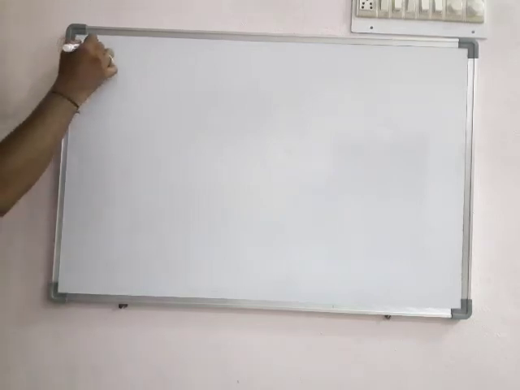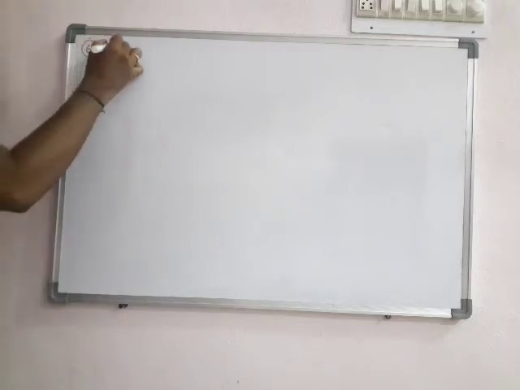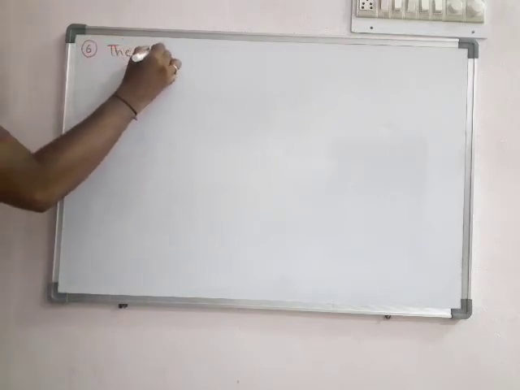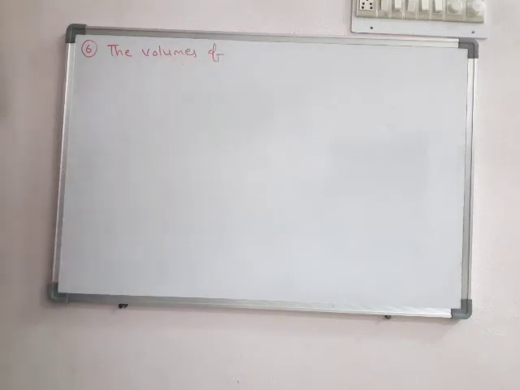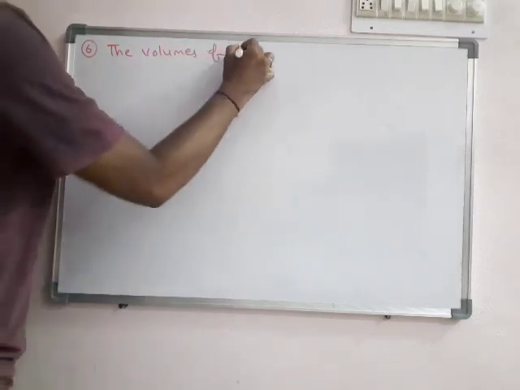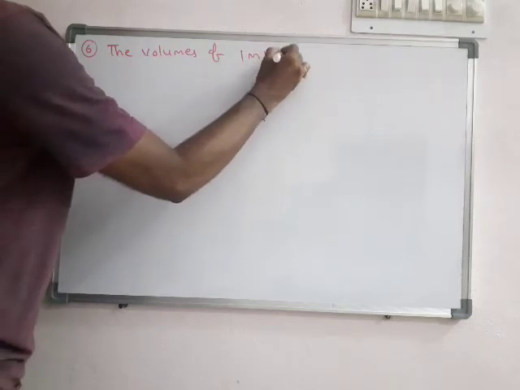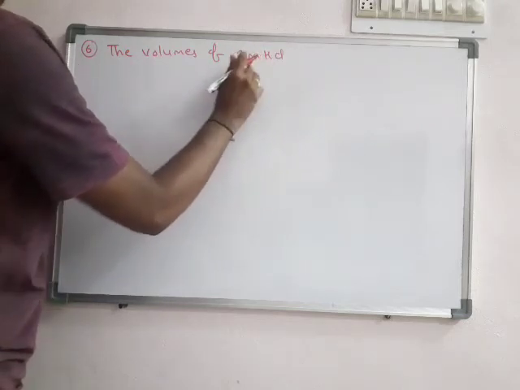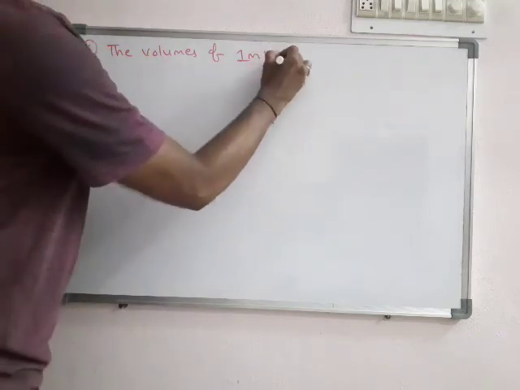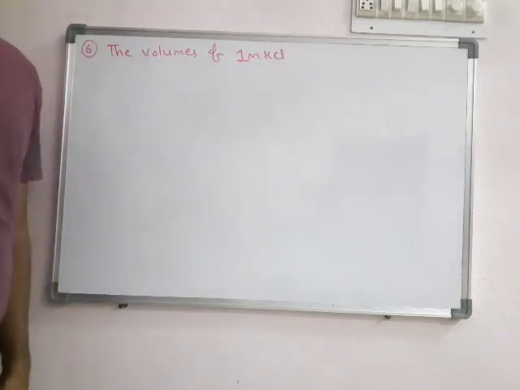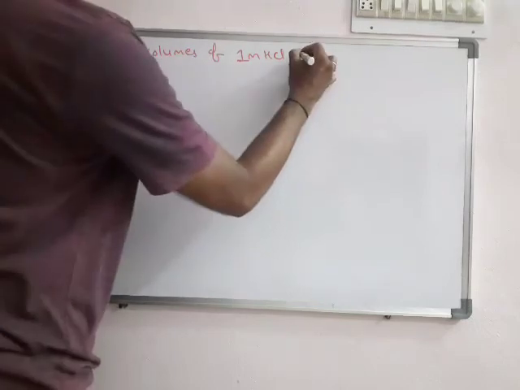See, one more problem. We need to find the volumes of 1 M HCl, meaning molarity is given as 1 M hydrochloric acid, and 5 M HCl.